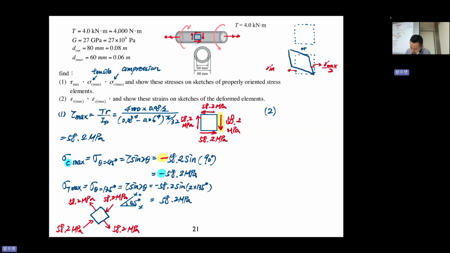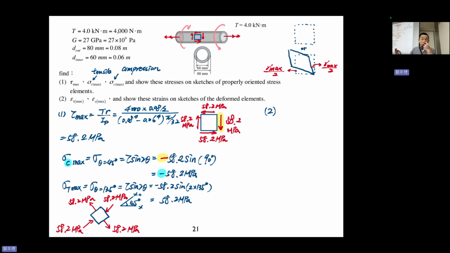Gamma max over 2. You can draw this. I think this is the most reasonable plot, because you can see there are 2 forces here, right? 2 stresses here. So you're kind of doing like this and doing like that. Okay, so just very straightforward.